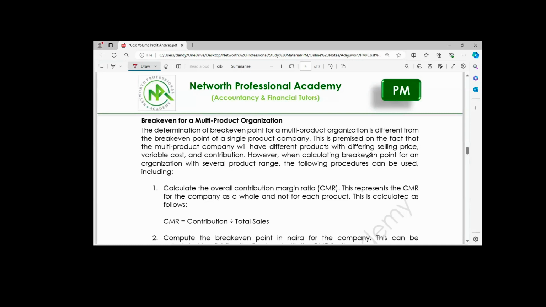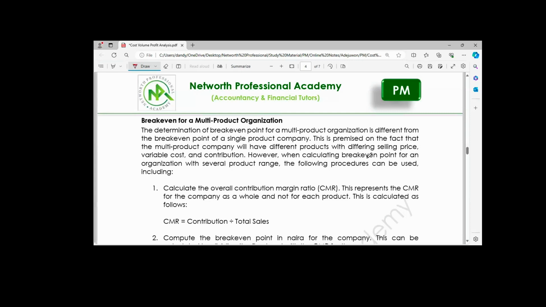In this case, the contribution margin ratio is not related to any product. Say, for example, a company produces products A and B. When you want to calculate the overall contribution margin ratio, you are not using the contribution margin of each of the products. Rather, you are using the total contribution margin.